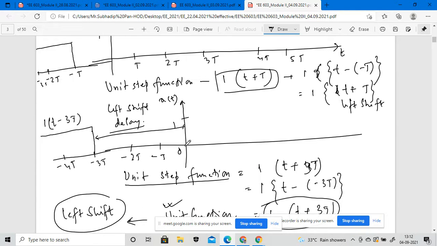So this is n, n minus 1, n minus 2, n minus 3, n minus 4, like this. The values of k, if x of t is considered as x of kt. So in case of a left shifting, the values of k will vary from 0, n minus 1, n minus 2, n minus 3, like this.